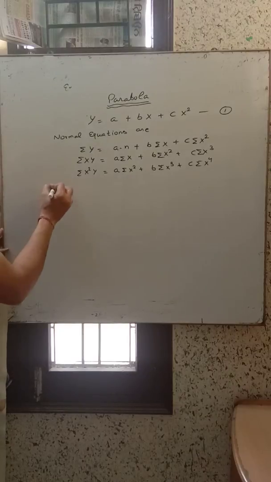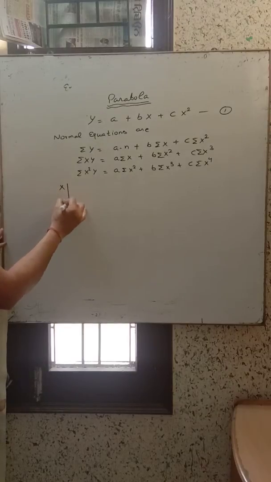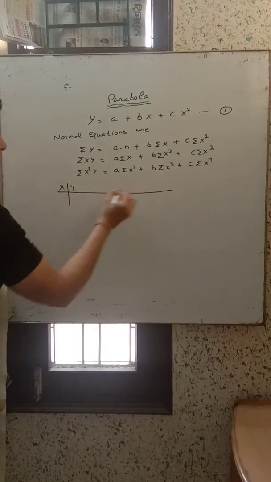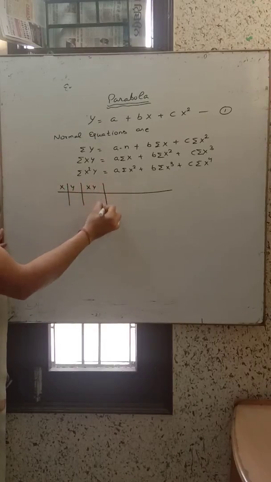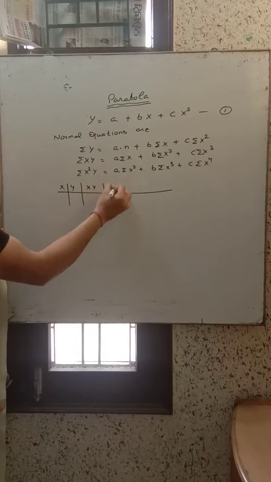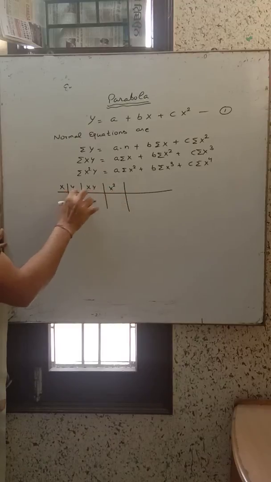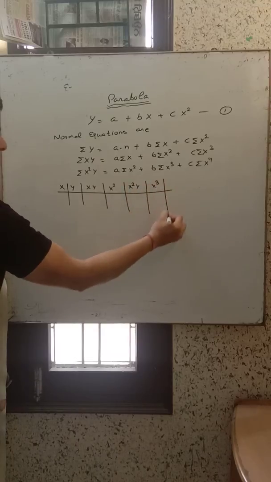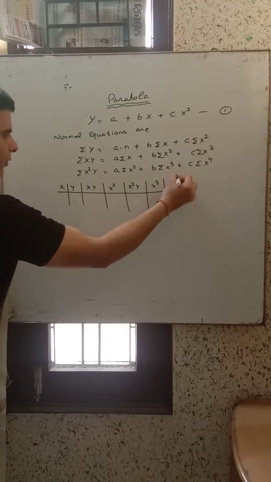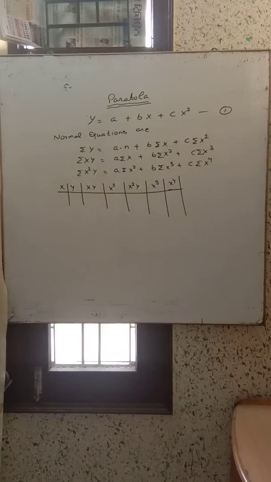Then we are given the values of x and y, and we have to find the value of x multiply y. Then we need x square, then x square multiply y, and x cube and x4. And then we have to add up all these values.